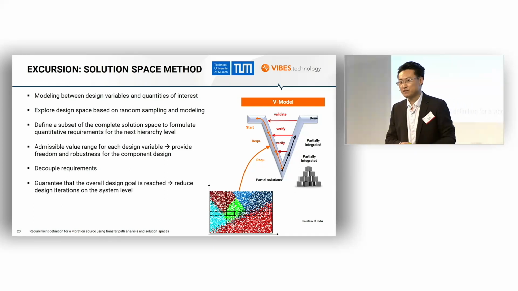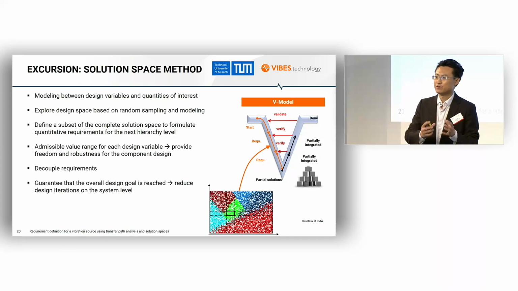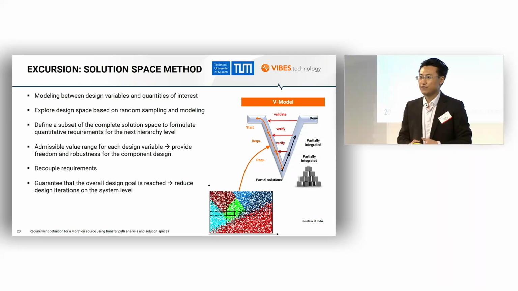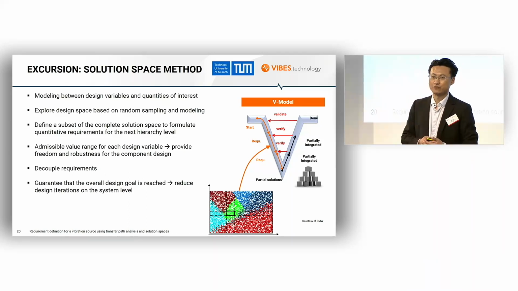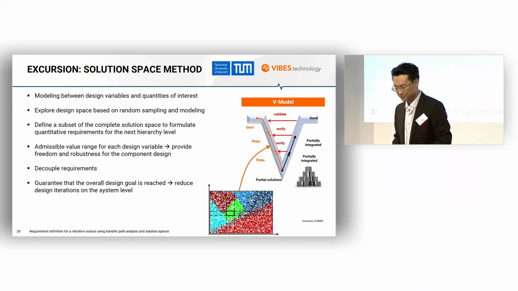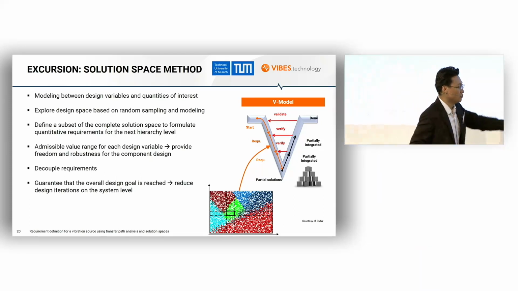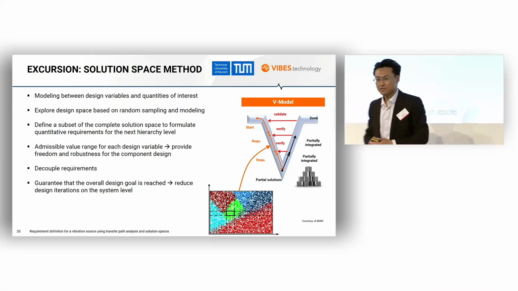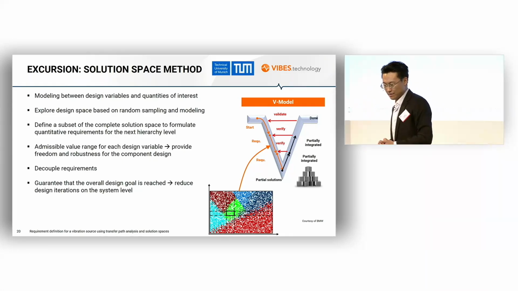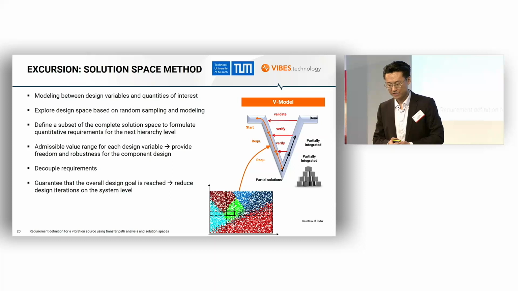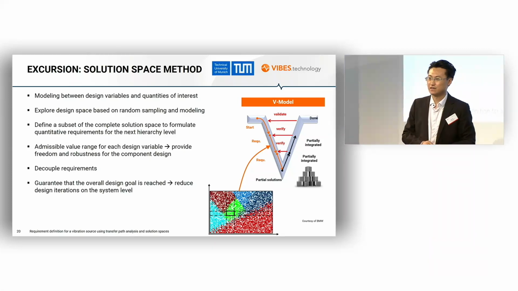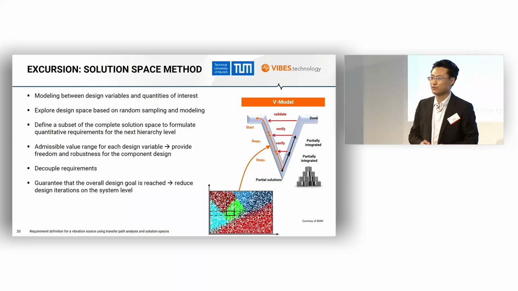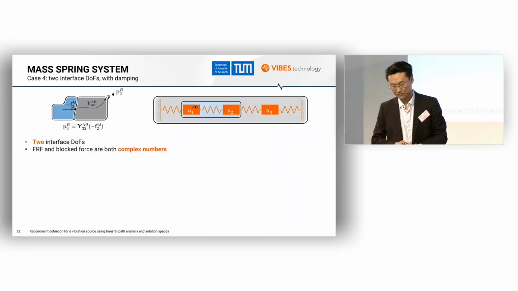Through this decoupling, the interdependency between different quantities is broken, and therefore the formulation of requirements is largely simplified. Since there are only good designs in the subset, the component requirements defined in this way are very well in line with the system level requirements. As long as these component level requirements are fulfilled, the system level requirement is in principle guaranteed to be fulfilled.